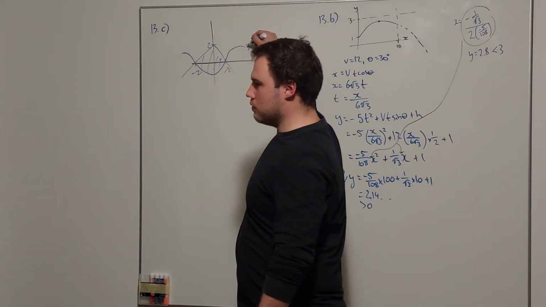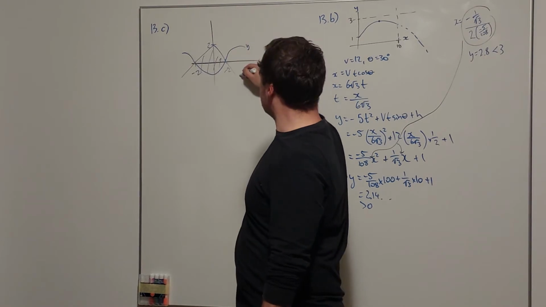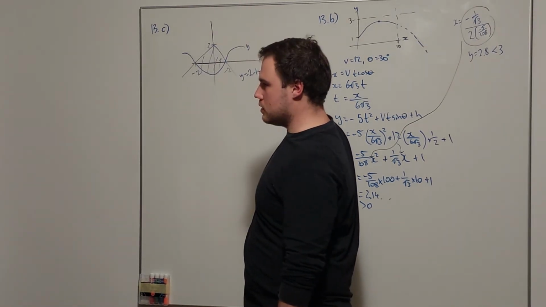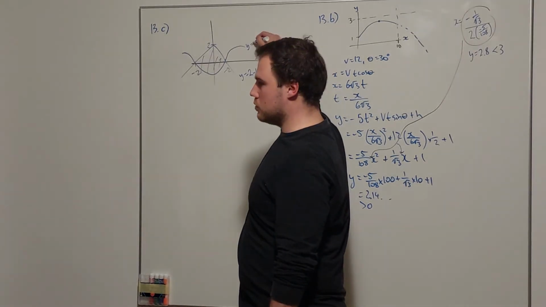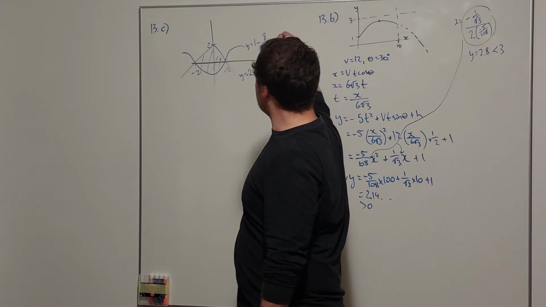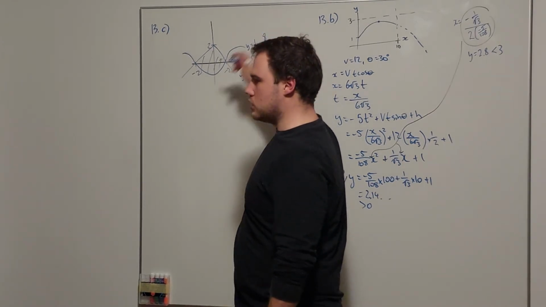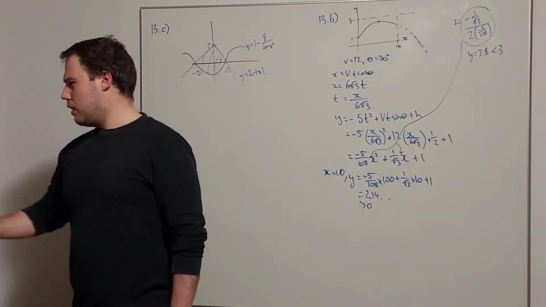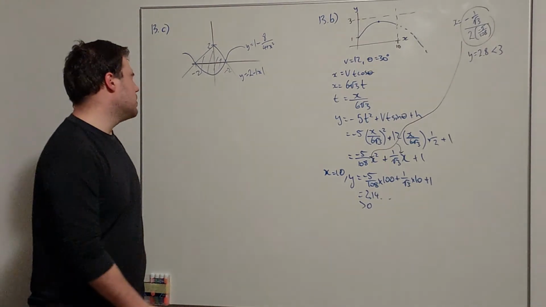This is the region enclosed by y equals 2 minus absolute value of x, and y equals 1 minus 8 on 4 plus x squared, shaded in the diagram. Find the exact value of the area of the shaded region.